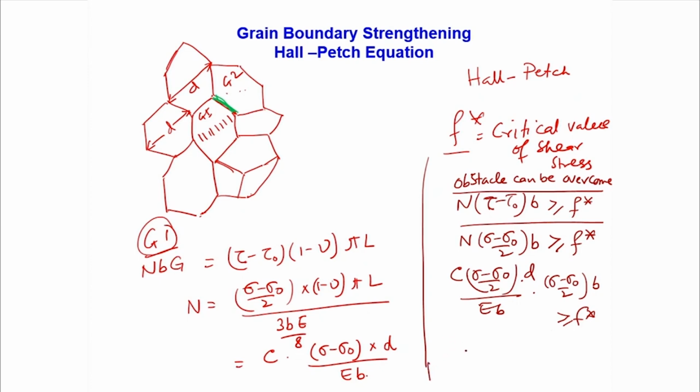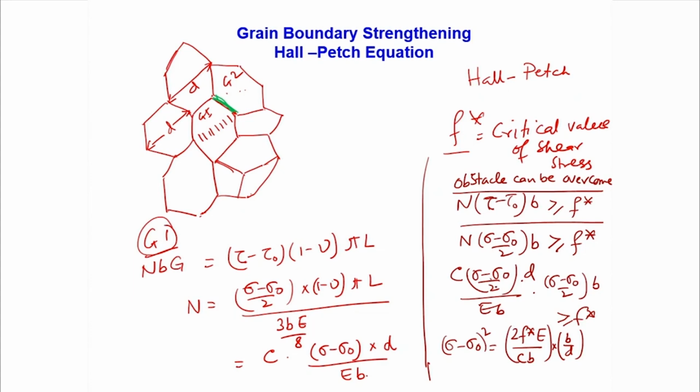If you make the equations very clearly, you get (sigma minus sigma 0) squared becomes 2 F star multiplied by E, divided by C into B, into B by D, right. We can write it down, as you know the B gets cancelled, but we are not cancelling both the B's, we are keeping both the B's.